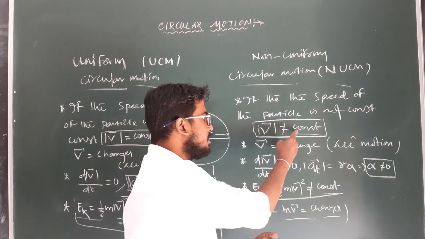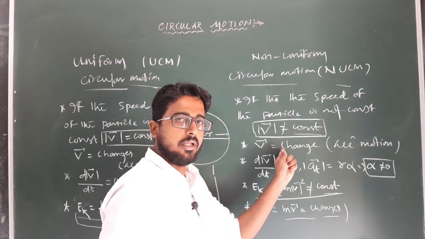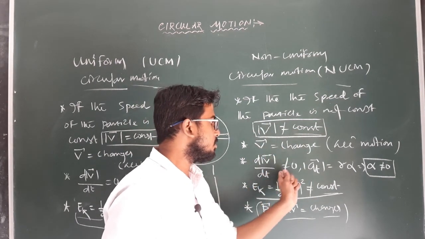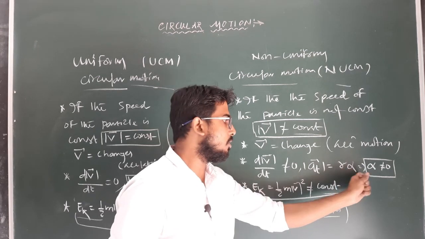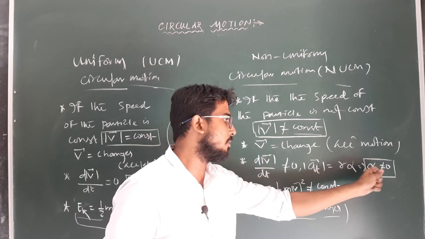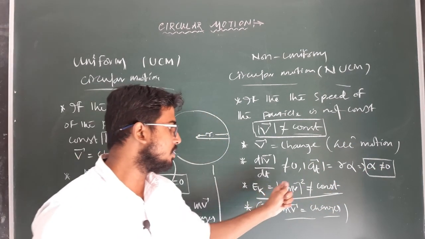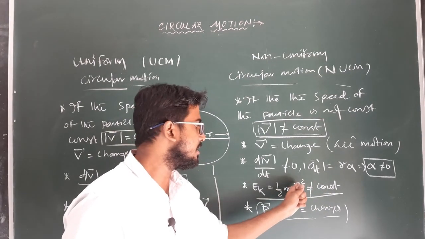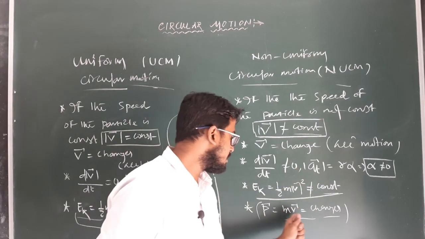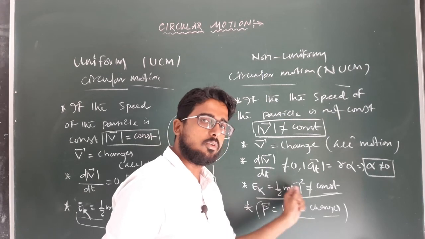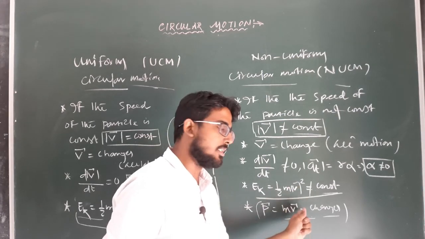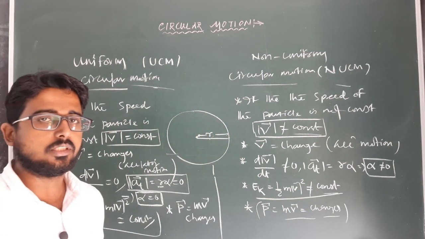Here as speed varies, as well as velocity varies, tangential acceleration is not equal to 0, so alpha or angular acceleration of the body is not equal to 0. So kinetic energy is also not constant because speed changes with respect to time, and as the direction and magnitude both change, obviously the velocity changes, so momentum of the body also changes with respect to time.